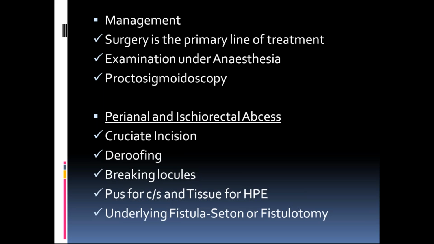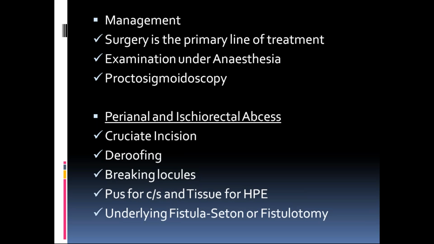With the help of pus culture and sensitivity, you can say whether there is an underlying fistula or not. In the perianal region there are hair follicles, so you may get folliculitis or a boil.